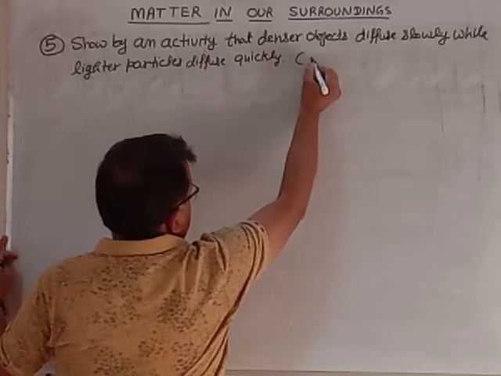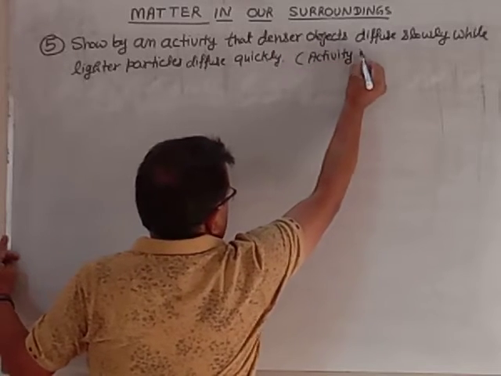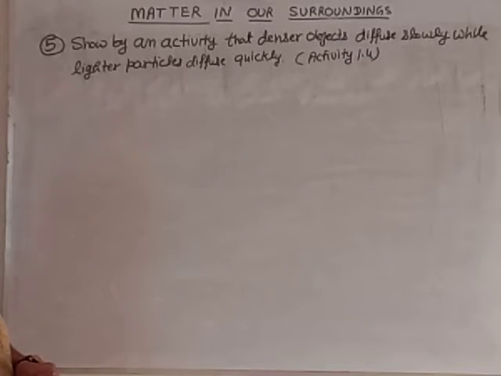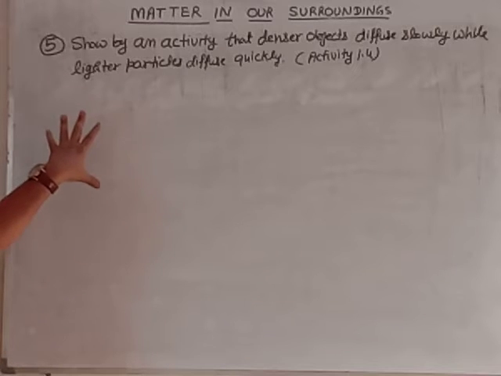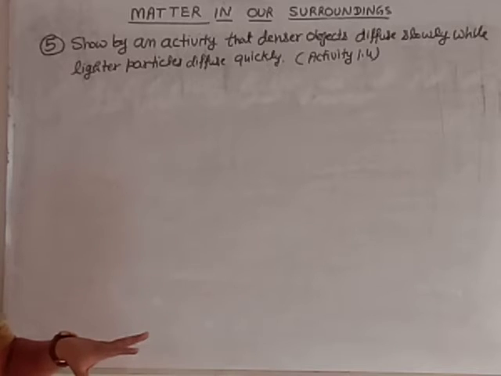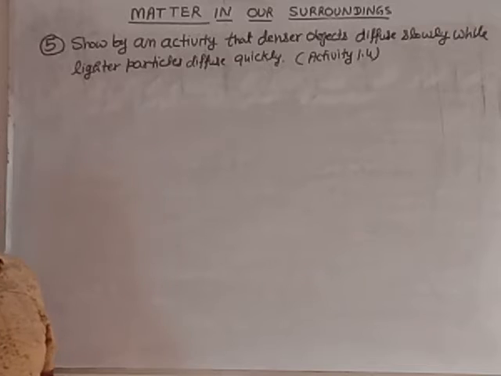It is activity 1.4 of NCERT. So activity 1.4 of our book is that denser objects or heavier objects diffuse slowly, that is their rate of diffusion is slow, and lighter objects diffuse quickly, that is their rate of diffusion is fast.